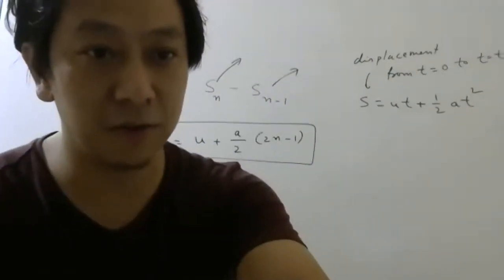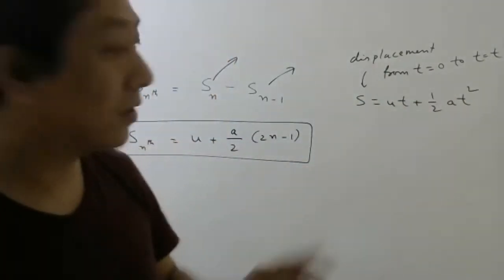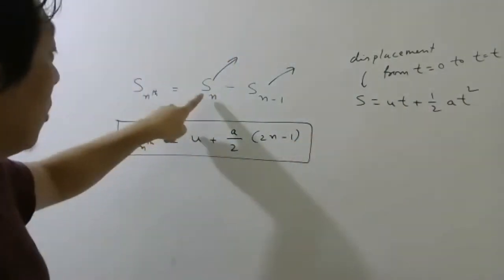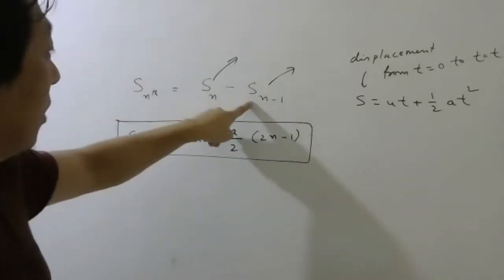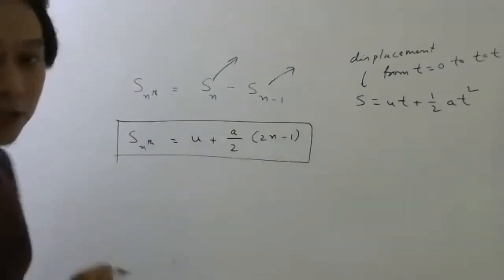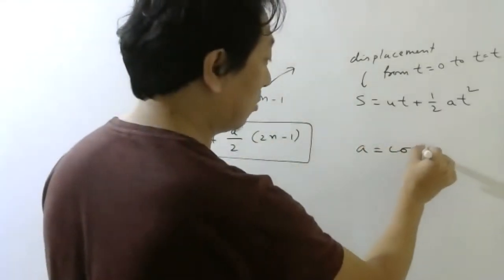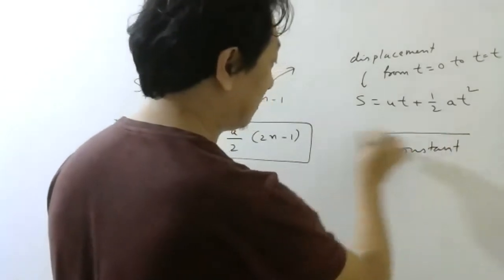So from t equal to 0 to t time, whatever displacement it has moved, that is this. So you can calculate this from here, you can calculate this from here, then subtract. Or you can use this directly also. That is your wish. And remember, a should be constant always while using these formulas.